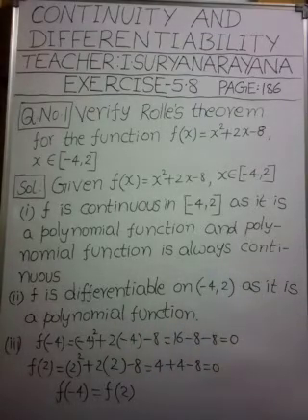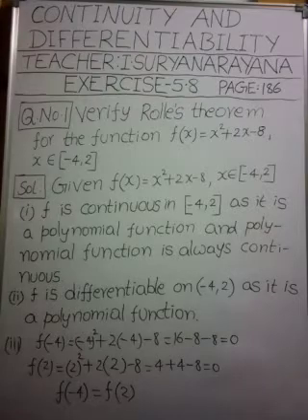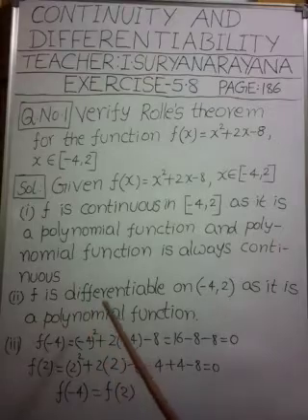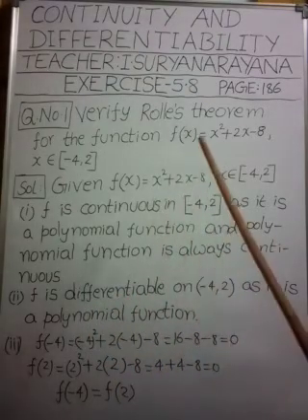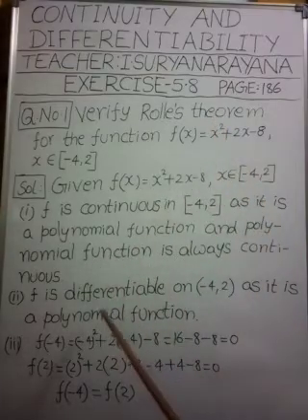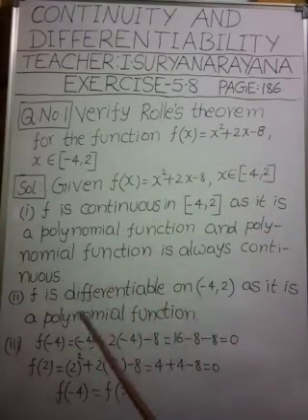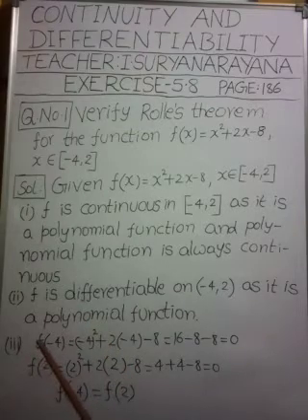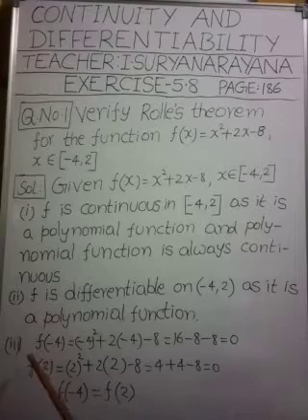Previously we have discussed this point also: every polynomial function is differentiable on any real number. So the second condition of Rolle's theorem is also satisfied by the given function.